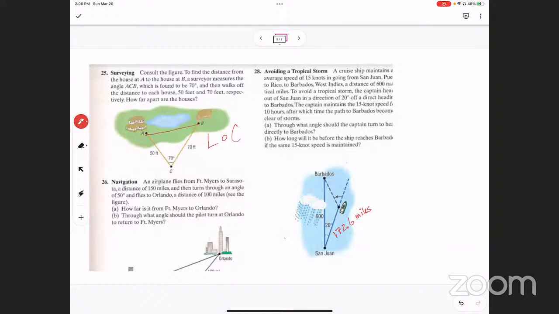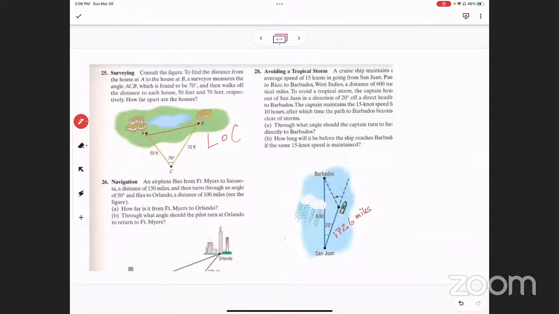You want to tell me what to do? Yeah. Okay, so we can use the law of cosines.